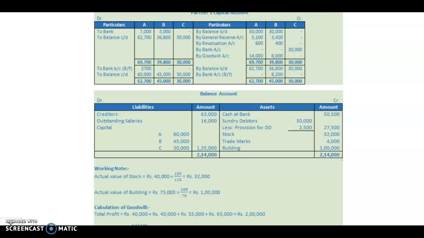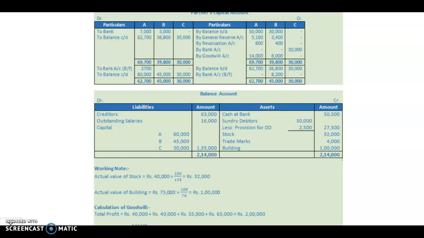We will compare these amounts with the capital balances after all adjustments. For A it is 62,700. He needs 60,000, so he will withdraw 2,700. As per the new capital, B is required to have 45,000.